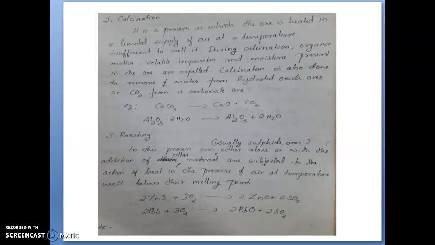Here the electrolysis of their oxides or hydroxides or chlorides in the fused state is carried out, and the metal is liberated at the cathode. This is the electrometallurgical process. It involves the electrolysis of metal oxides, hydroxides or chlorides in the fused state, and the metal will be liberated at the cathode.